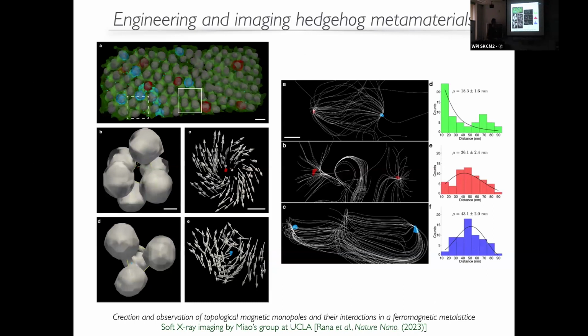Just to make another connection to real experiments, we've utilized these ideas to analyze some soft X-ray tomography imaging data from John Miao's group at UCLA. So again, these are pictures of real experimental data.